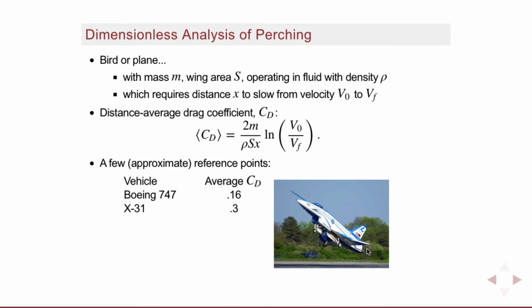This one uses thrust vectoring, so it sits on its tail to maintain some control authority even though it's at a very high angle of attack. This one's coming in at about a 24-degree angle of attack, the X-31, and it gets an average drag coefficient of about 0.3. So it is slowing down much more significantly due to drag forces than a 747, and accomplishing this much shorter runway landing as a consequence.